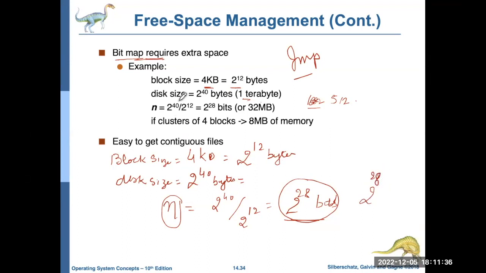We are asking the size of the bitmap. So if I divide this by 2 raised to power 3, it will become bytes, correct? If I go on, this would become 32 MB. So this calculation, further converted into MBs, ends up with 32 MB.